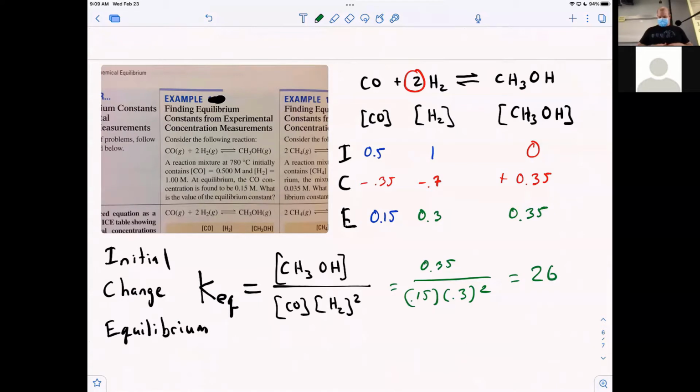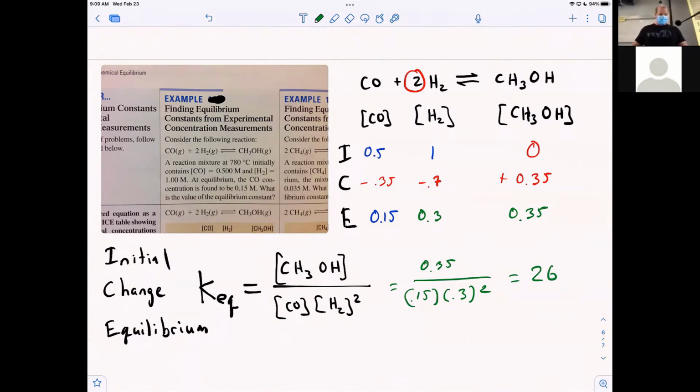So: initial, change, equilibrium. From the problem, the given information is we initially have 0.5 molar carbon monoxide, 1 molar hydrogen, and at equilibrium, the carbon monoxide concentration is 0.15 molar. What we can infer is that if we have reactants and no products are listed, we just have an empty vessel and we're throwing in reactants.